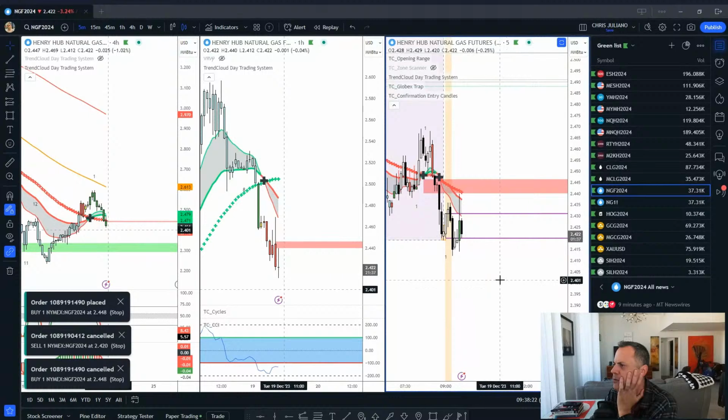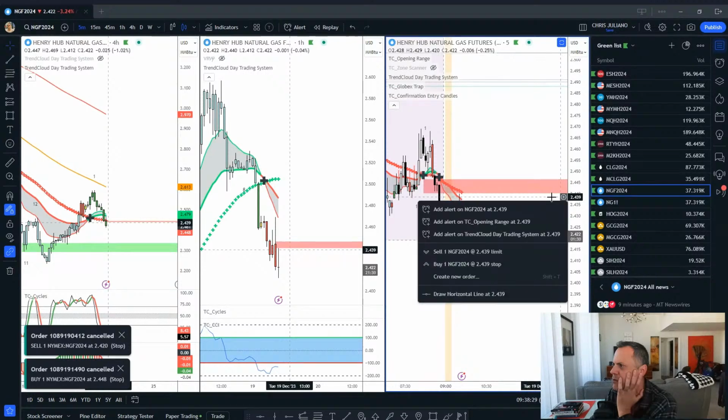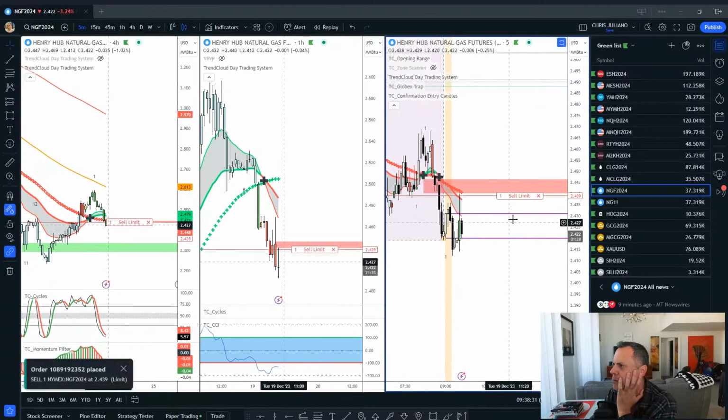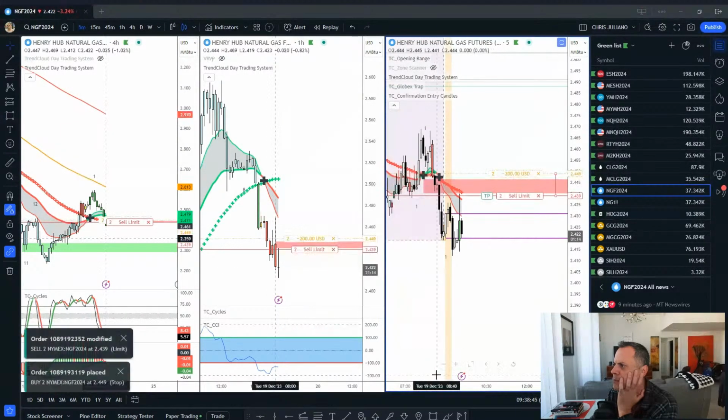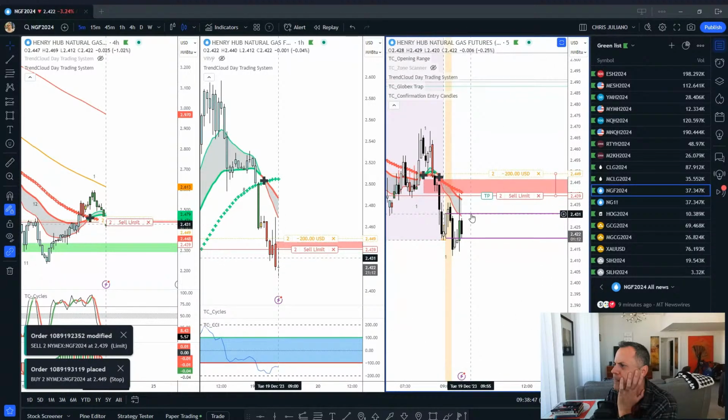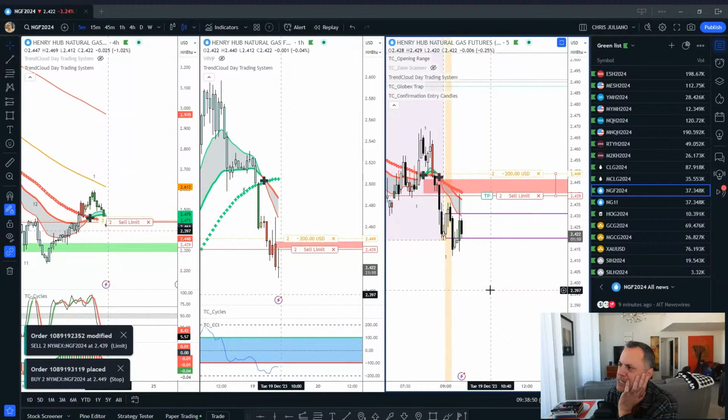I don't know if it's going to do it again, but if this retests this area here, we could retake. We could do something like this. Wow! And if we do this, we can actually take 2 contracts here. Possible. A lot of momentum to the downside on natural gas.